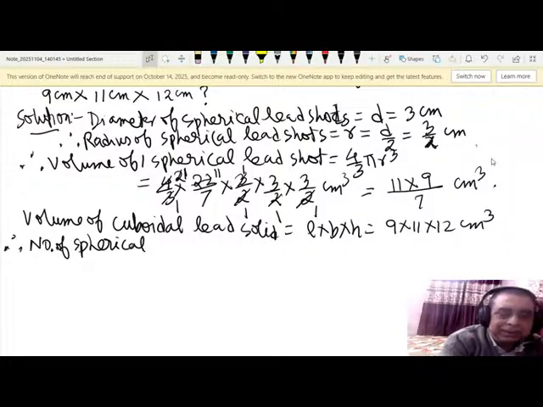So the number of spherical lead shots made, that is the question.